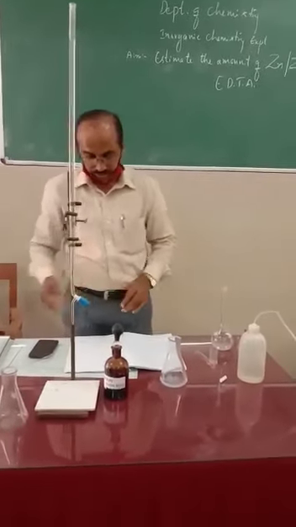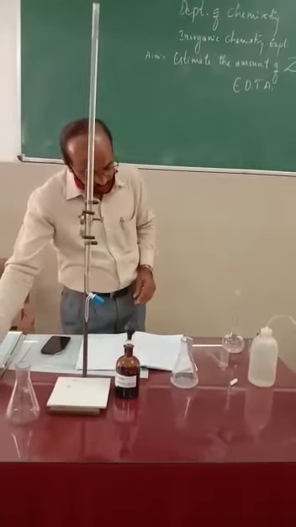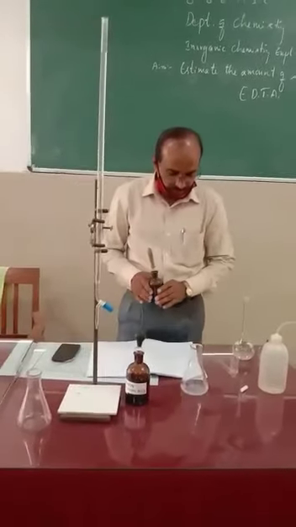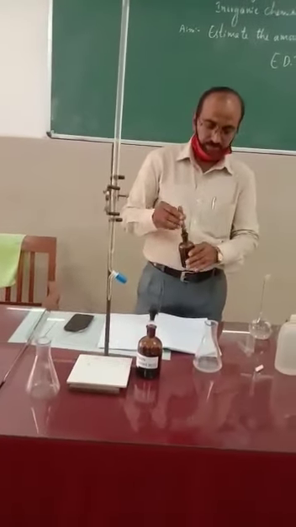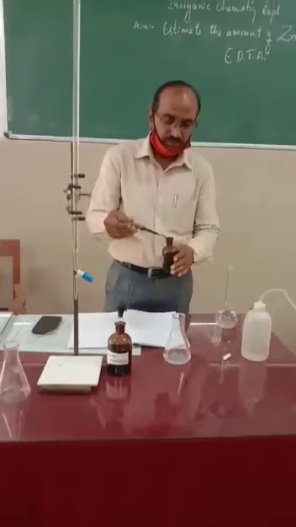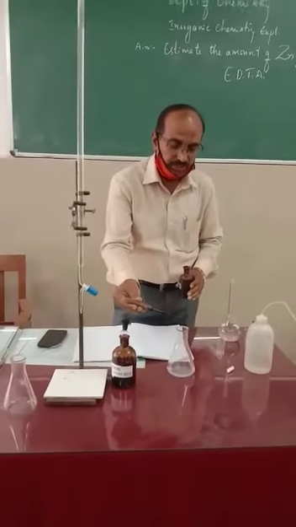And then add Eriochrome Black T indicator, 7 to 8 drops, into it.